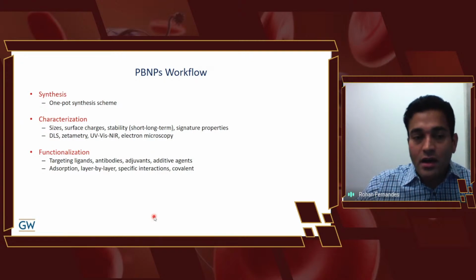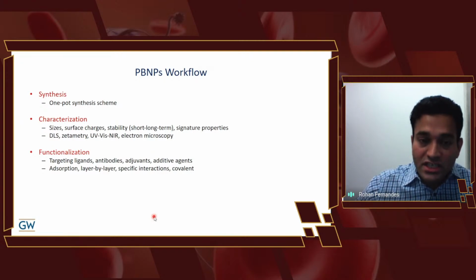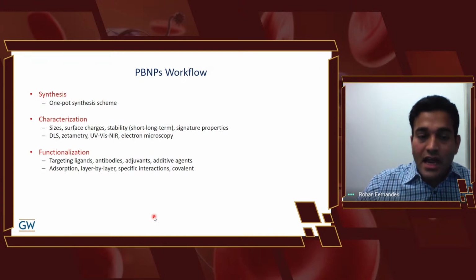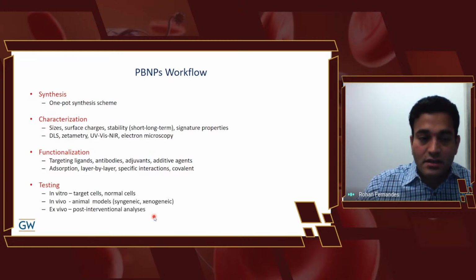Then, depending on our end use, we may functionalize these Prussian blue nanoparticles, either with targeting ligands, antibodies, adjuvants, or any other additive agent. And we use a whole host of conjugation methods, such as adsorption, layer by layer of oppositely charged materials, specific interactions, and/or covalent interactions.